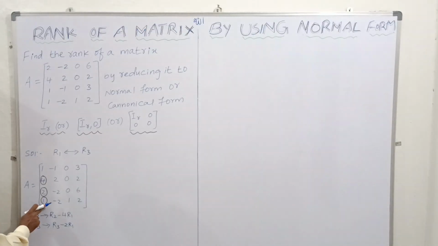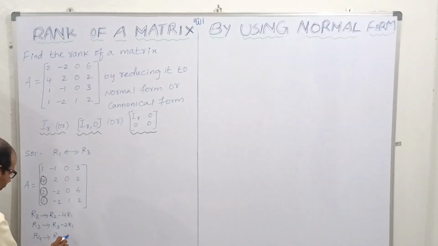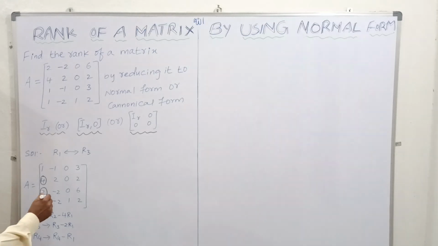Similarly, I want to make this element 0 using row 1, so R4 is changed as R4 minus R1. Right? So these operations we have to apply and reduce the matrix.